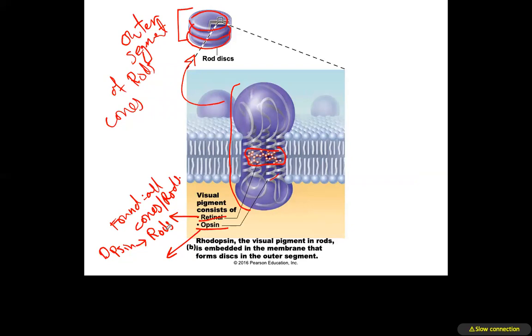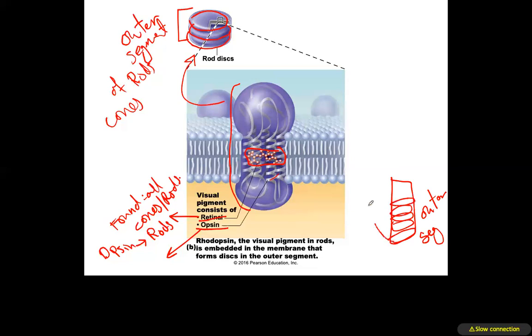So I'm going to repeat this one more time. What we're looking at here is photoreceptors, specifically rods. Within your rods, you have a specific structure called the outer segment, okay? This outer segment is made up of discs that are stacked on top of each other.